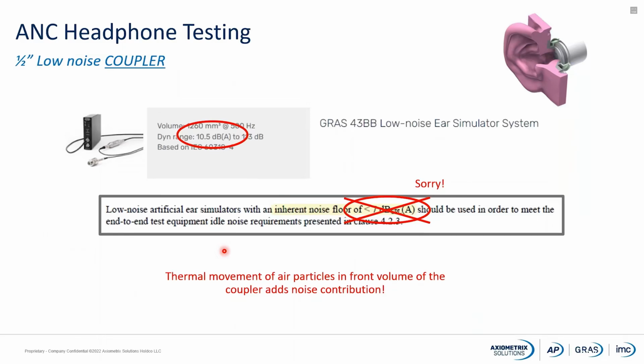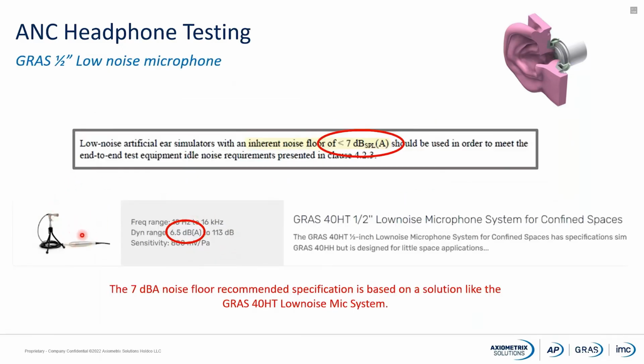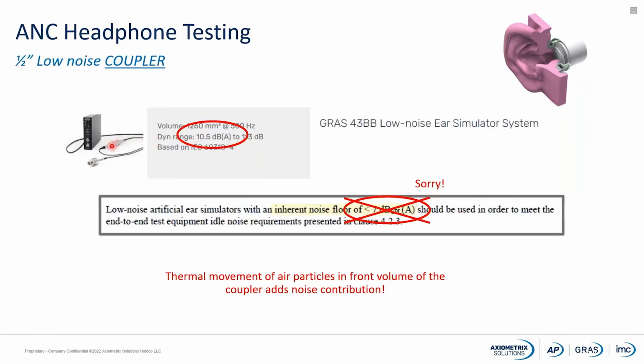The problem is that when we place a system like the GRAS 40HT inside an ear simulator, like we have in a GRAS 43BB low noise ear simulator, the noise floor will increase from this 6.5 dBA figure I mentioned before to 10.5 dBA. And this is partly due to the thermal movement of air particles in the front volume of the coupler.